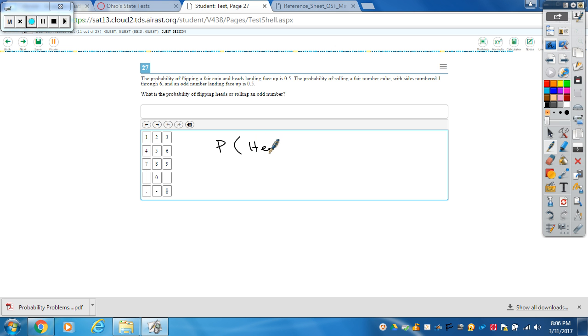heads or odd number. Okay, and I just found the easiest way to do this problem by listing the 6 sides and then going off of that.